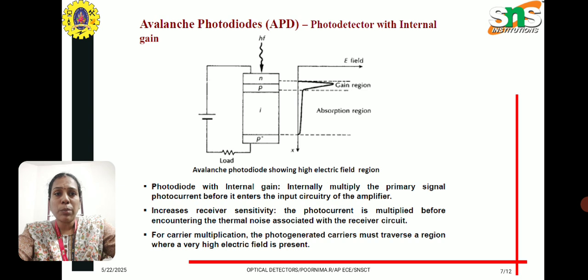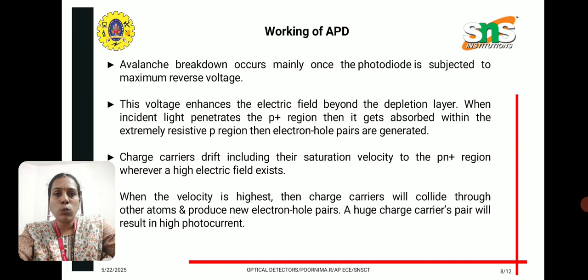In this, carrier multiplication occurs, in which higher photocurrent is generated, which provides very high sensitivity in the receiver circuit. As for the working of the avalanche photodiode, avalanche breakdown occurs in the photodiode when it is given a maximum reverse voltage.